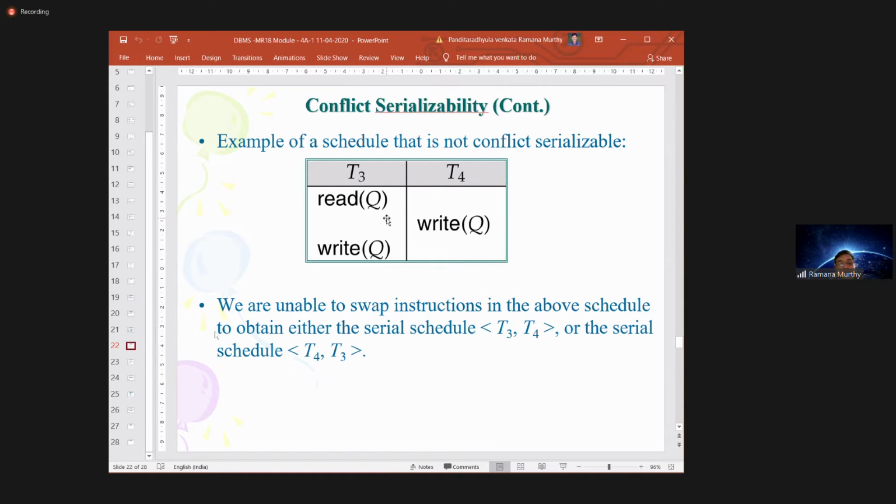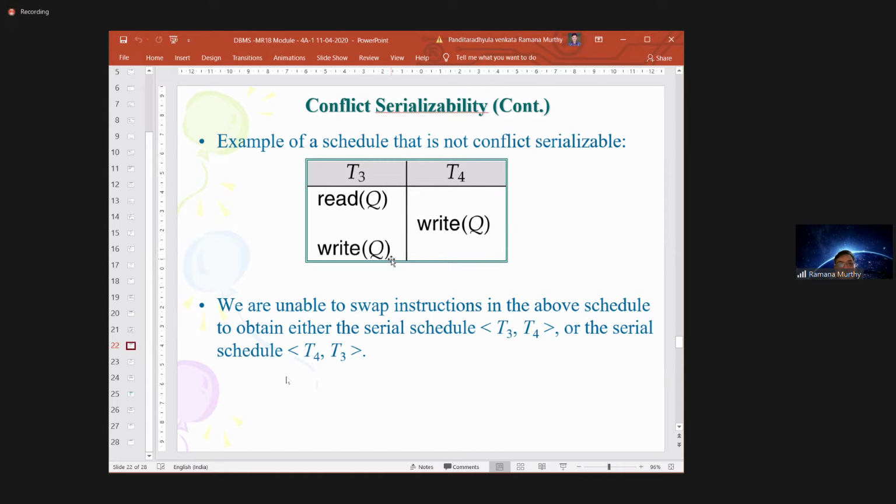Now, if you look at this, both of these side by side operations, write Q in T3 and write Q in T4, are working on the same data element Q. As per conflict serializability, for conflicting operations, if one of the operations is a write on the same data item, you can't swap.